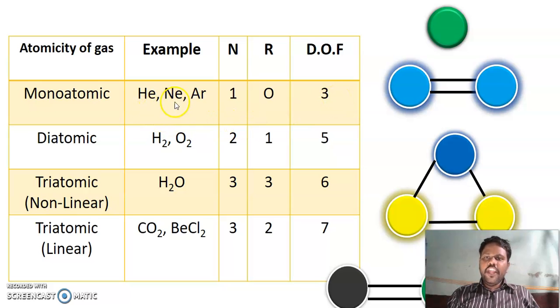Examples: helium, neon, argon. For diatomic molecules, which is like 2 particles in a system, we need totally 6 degrees of freedom. However, if the distance between the 2 particles is fixed, then the number of constraints is 1. So the degrees of freedom reduces from 6 to 5. Example: hydrogen and oxygen.